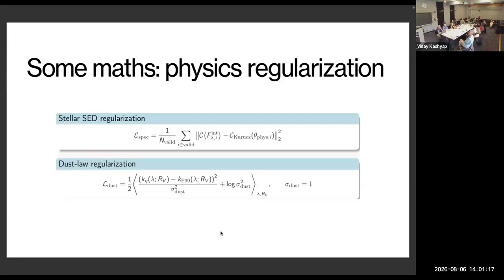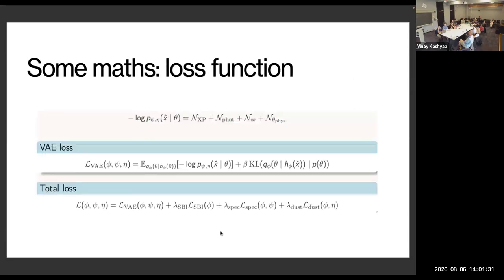And a nice thing is that in theory, when you train this you can actually evaluate what this is. So you should be able to see how much the data differs from your prior, what the synthetic model is telling you. So broadly speaking, it's just a huge loss function with loads of terms in it. But let's not worry about that too much, unless anyone has any questions on the math.